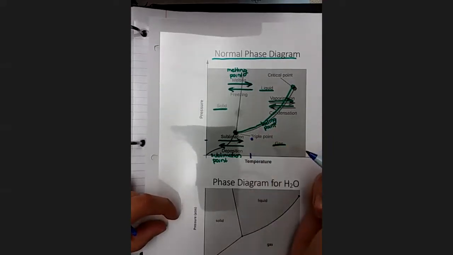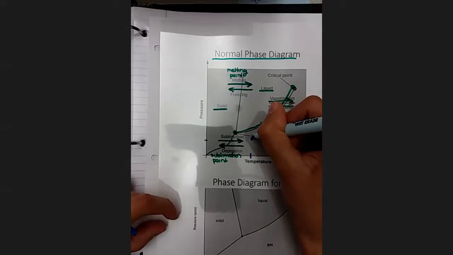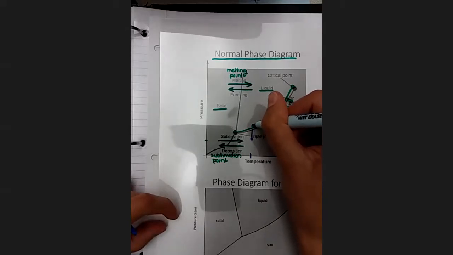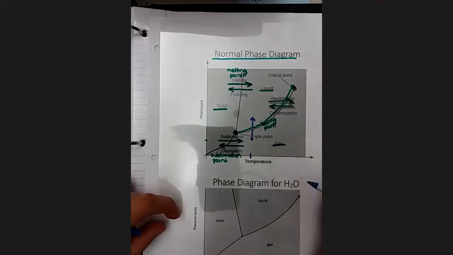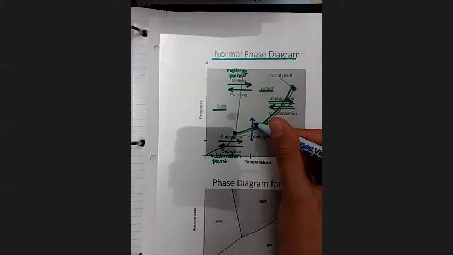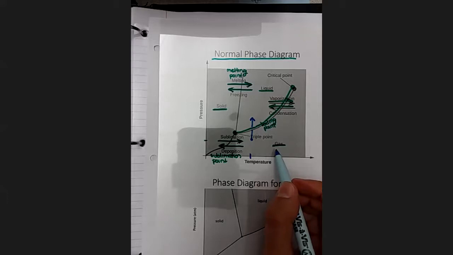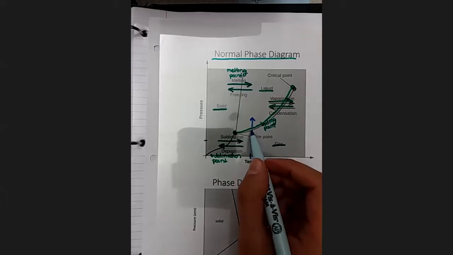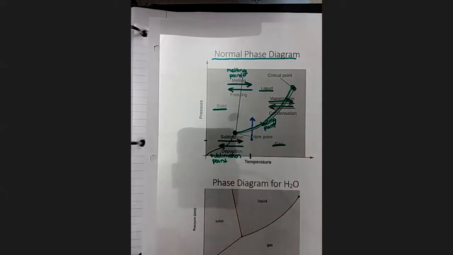What would happen if we change the pressure? And we could draw a pressure transition, changing the pressure to change the phase in that way. So if I was at this temperature, whatever temperature this is, if I increase the pressure, I would compress a gas over the boiling point line into a liquid.